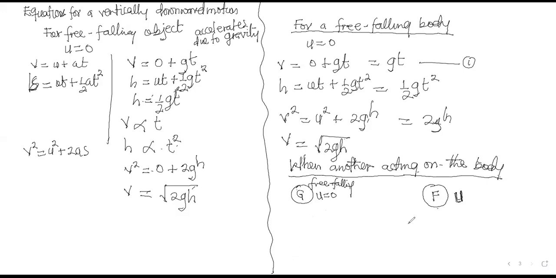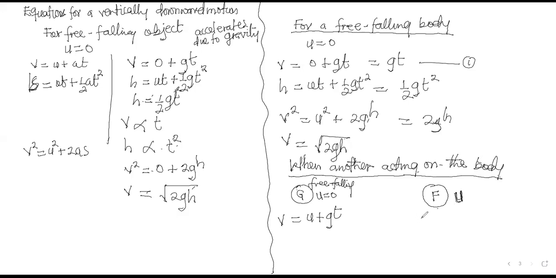So, if you want to derive an equation for Frank's fall, the first equation will be v equals u plus gt. This time u is not 0.